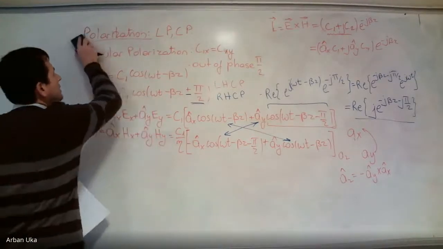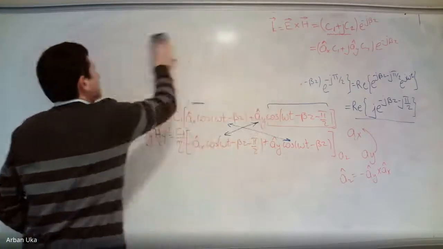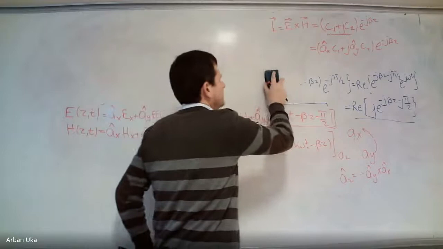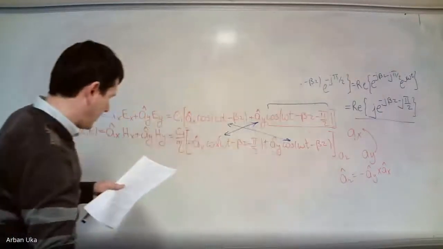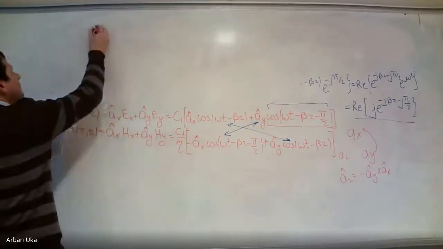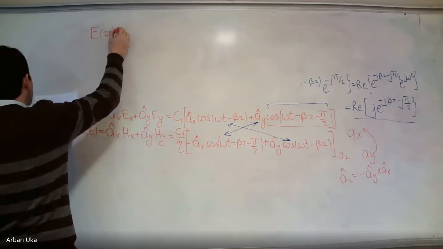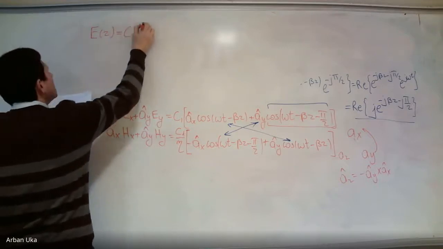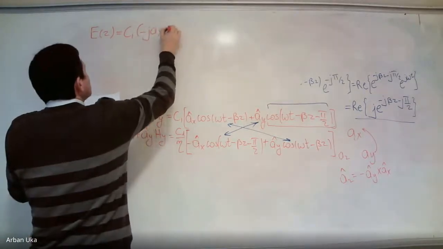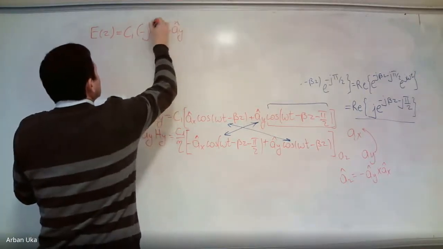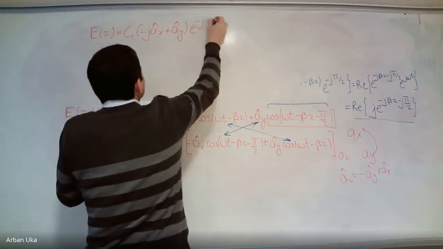Given the electric field in phasor notation, equal to C1 times minus j a_x plus a_y, times e to the power minus j beta z.